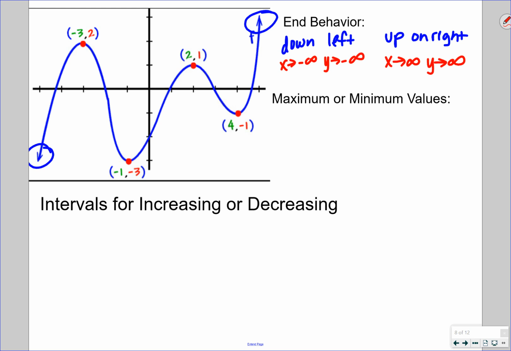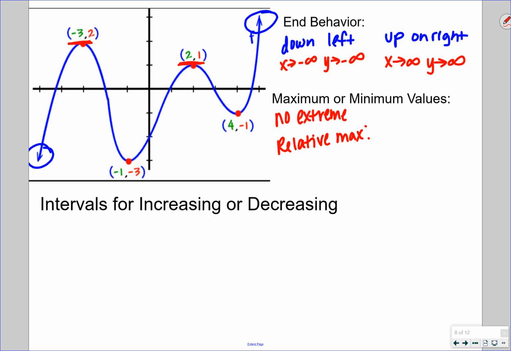Now my maximum and minimum values. I will not have an extreme max or min because those arrows point up and down forever. So I'm never going to have an absolute high or an absolute low. I will have possible high and low values that are relative. So I'll have relative maximums. Those happen at the tops. So here and here.